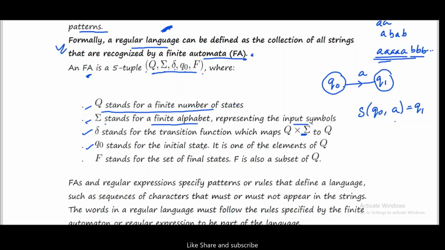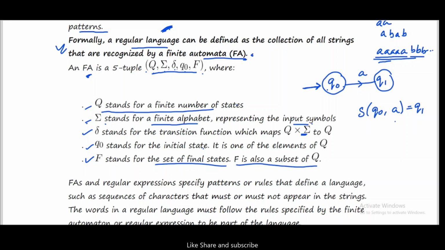Generally in every finite automata you will see that the initial state is represented by Q naught, and when we represent it in a diagram we use an arrow symbol to show that this is your initial state. After that, F is the set of final states. F is also a subset of Q because they are also states.